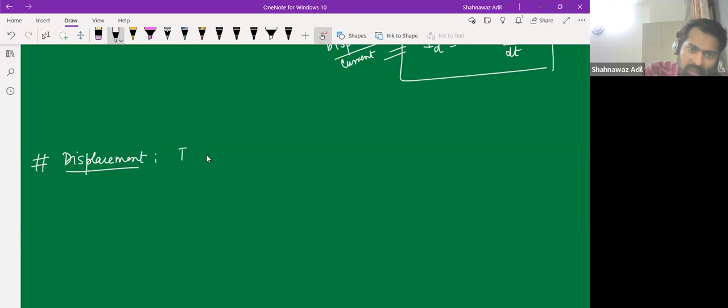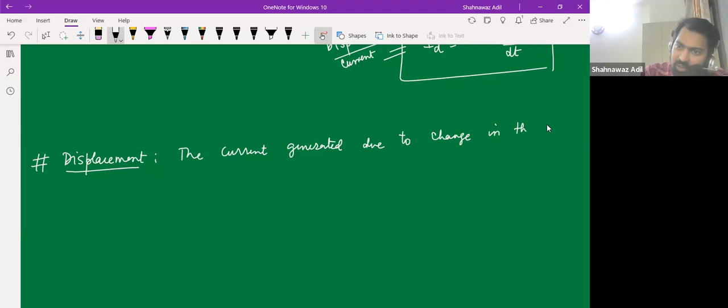The current generated due to change in the electric flux phi E over time.